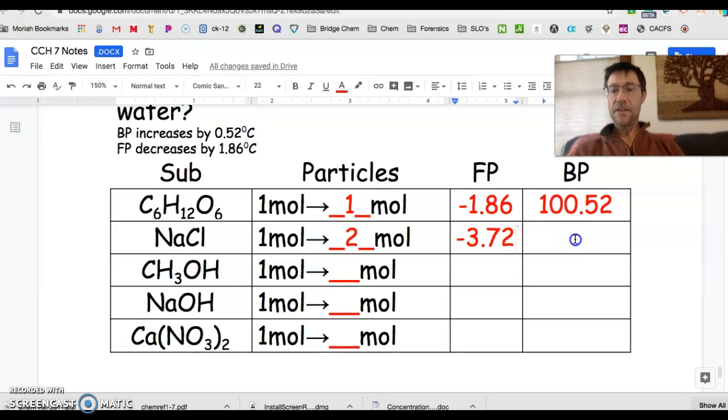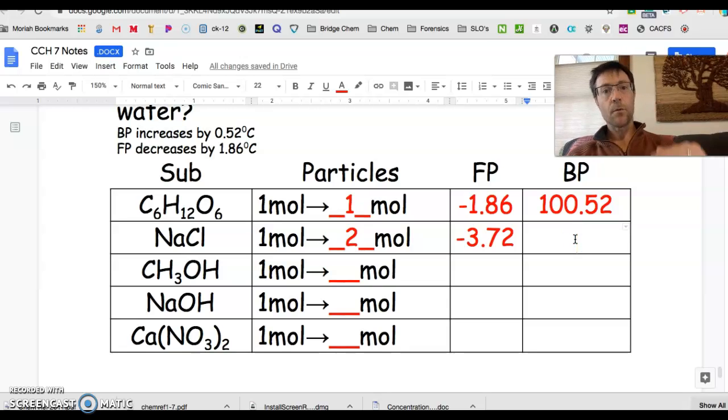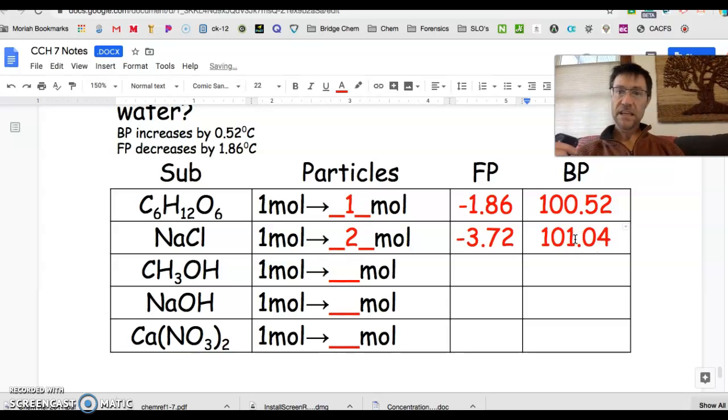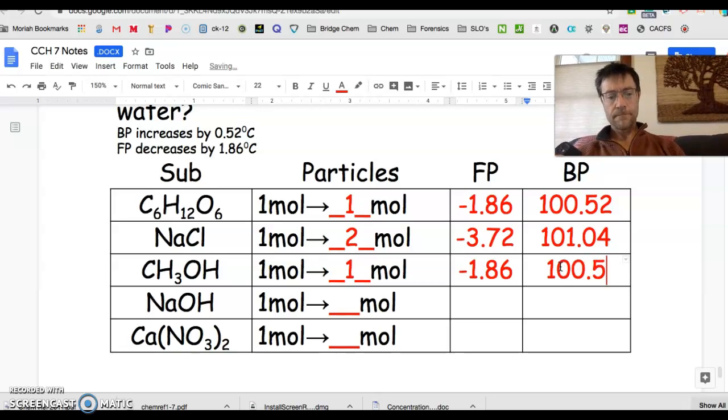And because the boiling point is going 2 steps up, 2 steps of 0.52, you dig? Because it went up 2 steps. This one, CH3OH. You know how that goes. Carbon-based. 1 mole to 1 mole. You're taking 1 step down, and 1 step up.